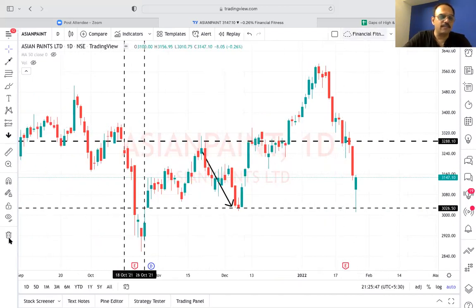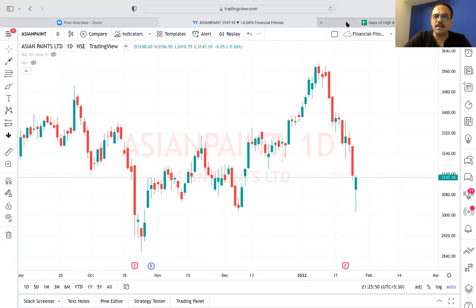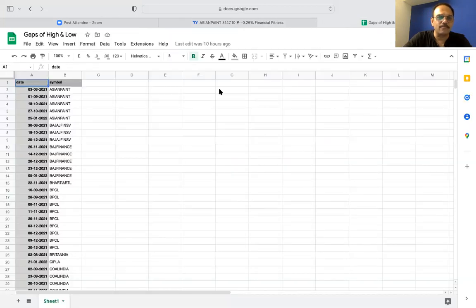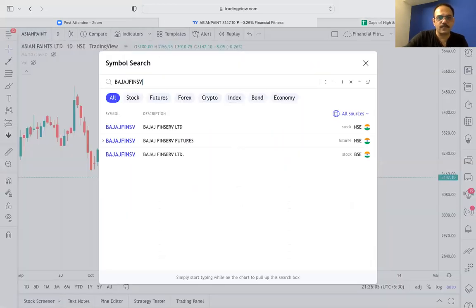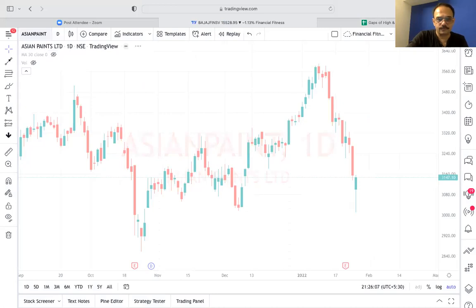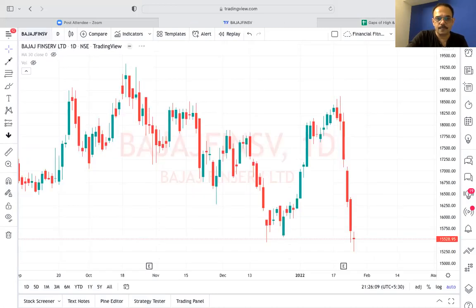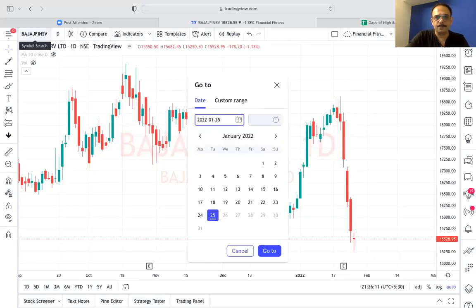So let's see one more example. I've just downloaded the gaps where all the gaps were there. Let's say this is Bajaj FinServ, and this was 38 2021.